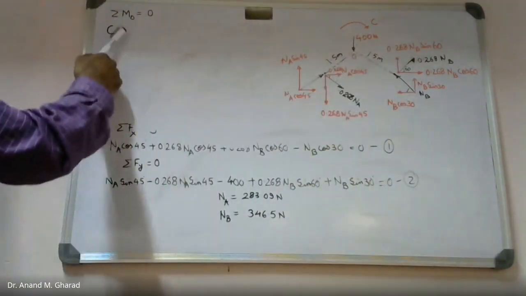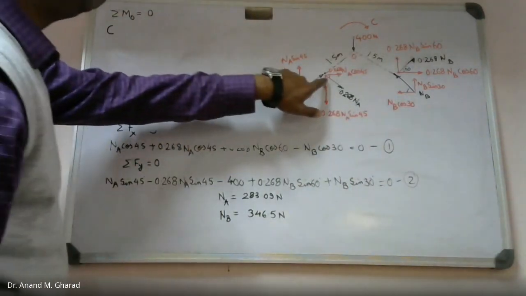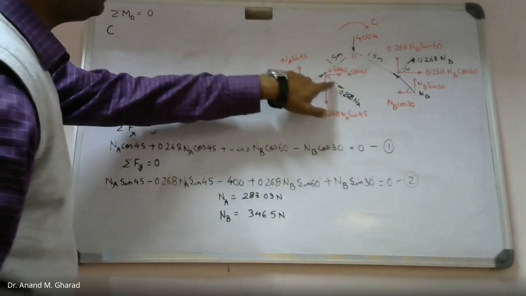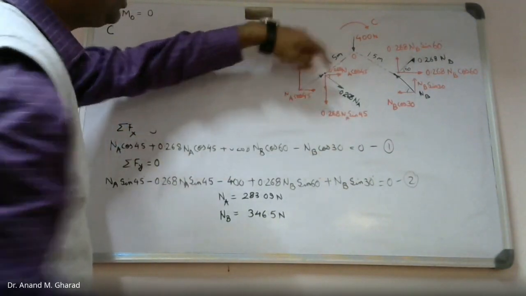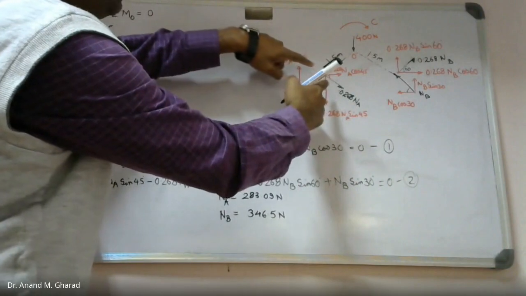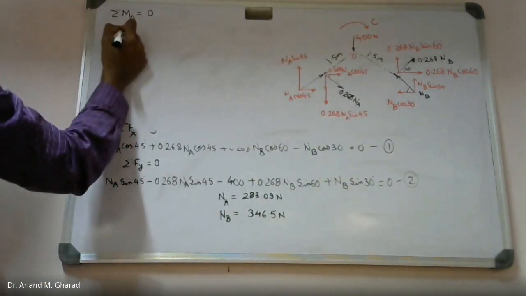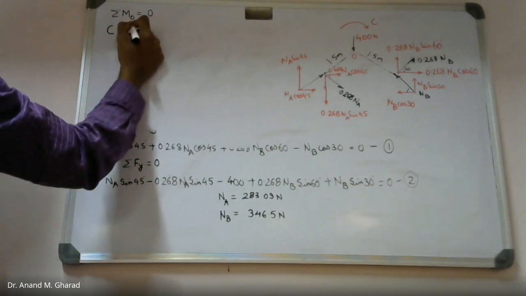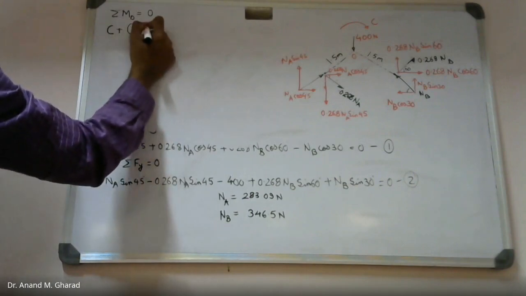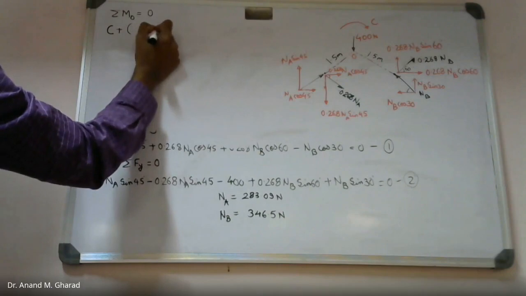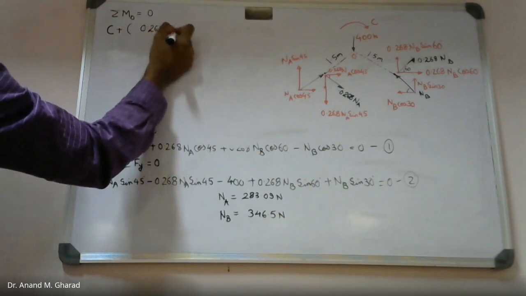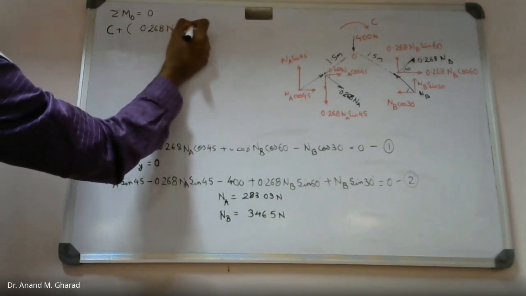So when you take moment, just let me know this horizontal component with respect to this, what will be the value, in which direction it will rotate, whether it will be rotating in the clockwise direction or anti-clockwise. Please let me know. 0.268 Na into 1.5.